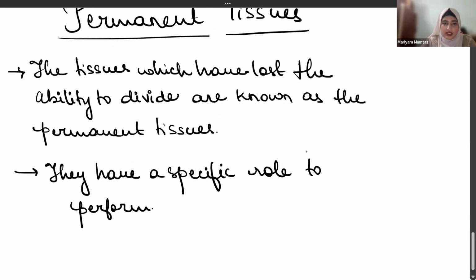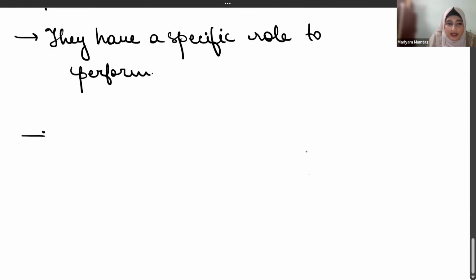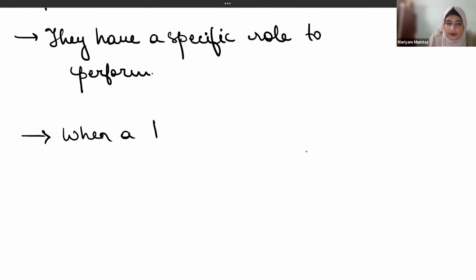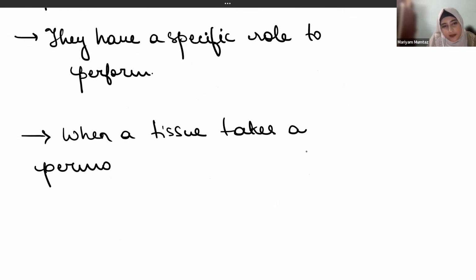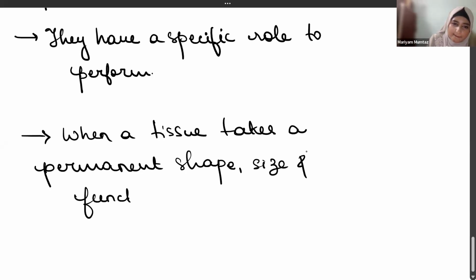Now see, the whole process wherein a tissue takes a permanent shape, size and function is called differentiation.